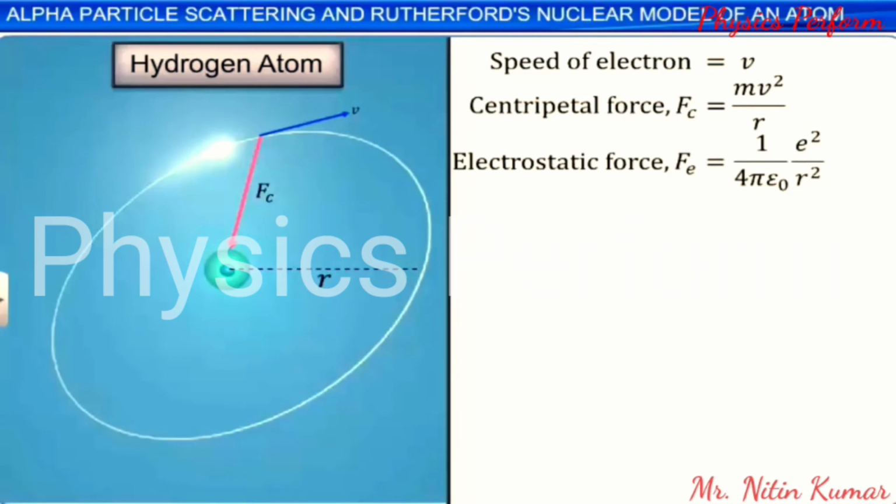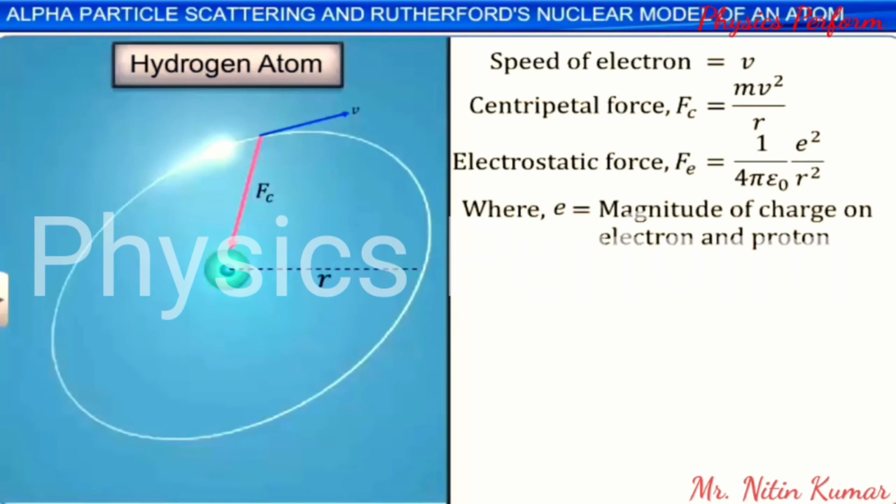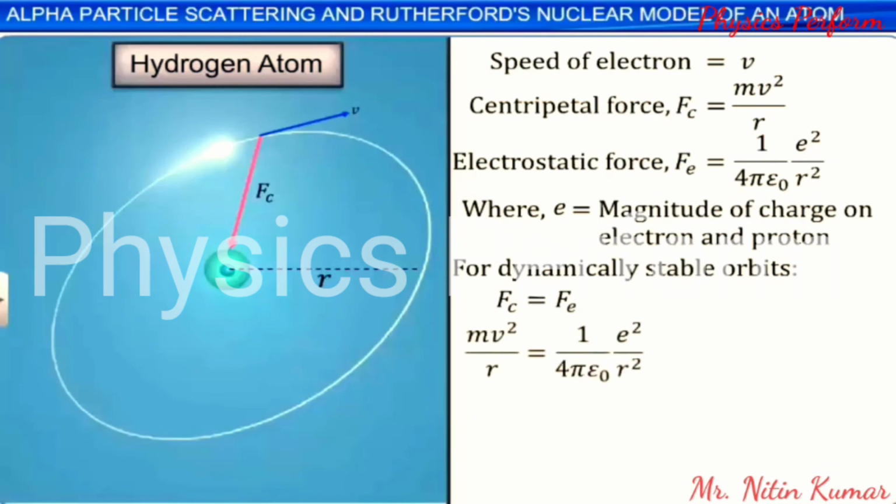This is true because the proton and the electron have equal magnitude of charge e on them. But for dynamically stable orbits, Fc is equal to the electrostatic force Fe. Hence, mv square by r is equal to 1 by 4 pi epsilon naught into e square by r square. Let this be equation 1.